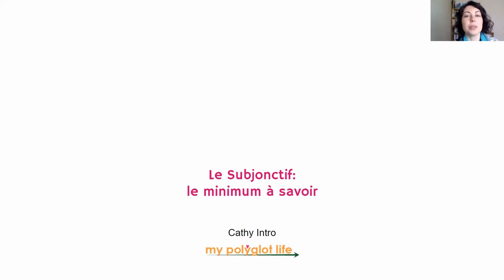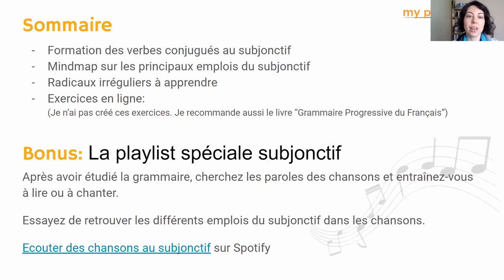And today, we're looking at the subjunctive, the minimum you need to know about subjunctive. First, we'll look at how we create subjunctive. Then I created a mind map to show you the 5 situations where we use subjunctive in daily life. Then there's the 10 irregular verbs you need to learn.